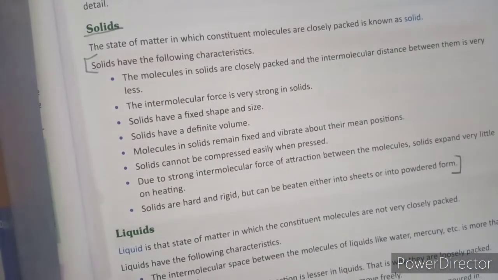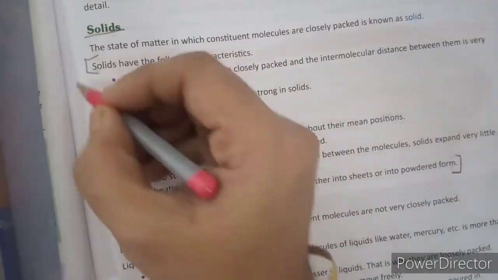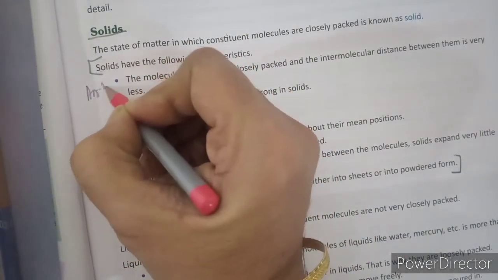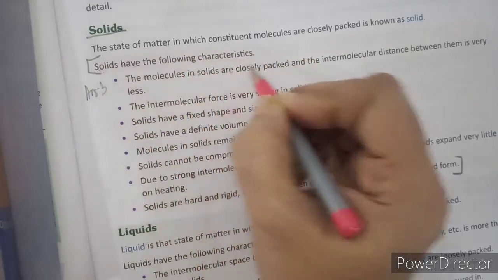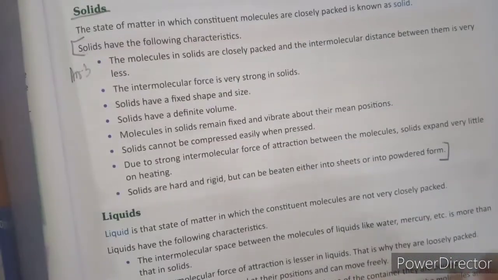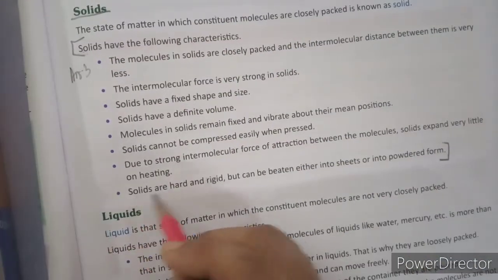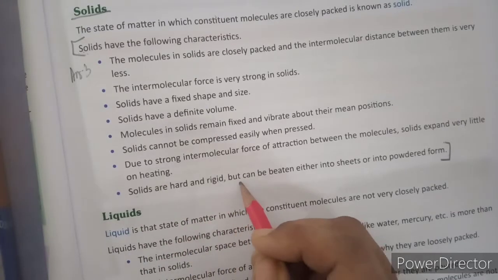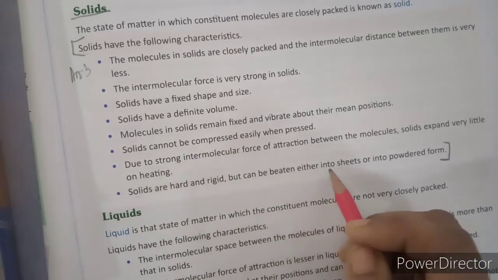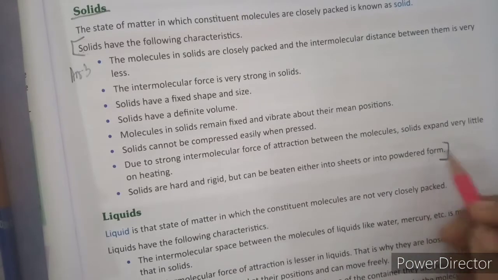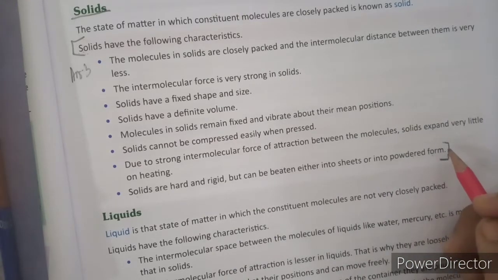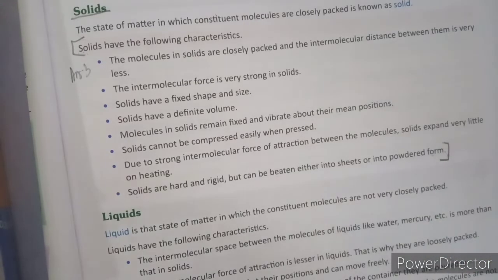So your third question's answer is from here: solids have the following characteristics, to the last point, that is solids are hard and rigid but can be beaten either into sheets or into powdered form. Up to this you are going to write the answer for the third question.